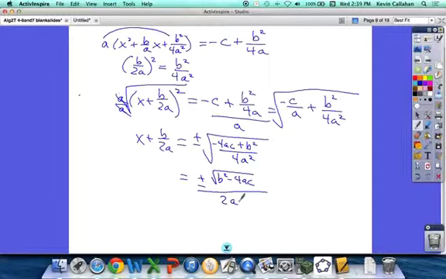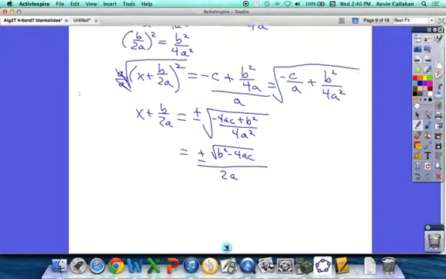Okay, now the last thing, in order to solve for x, we have to subtract b over 2a from both sides. When you do that, you're going to get x equals negative b over 2a plus or minus the square root of b squared minus 4ac all over 2a.